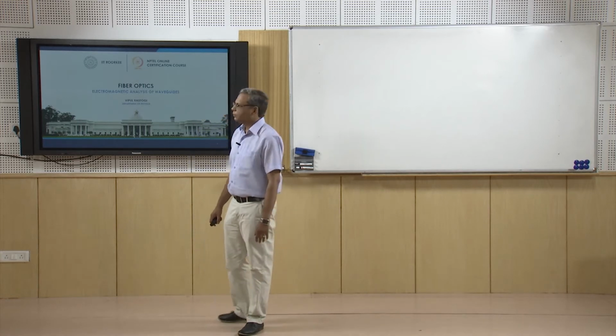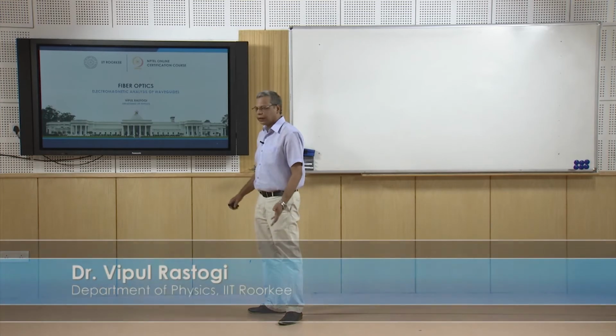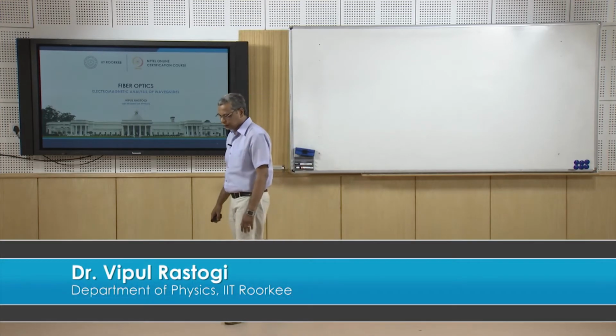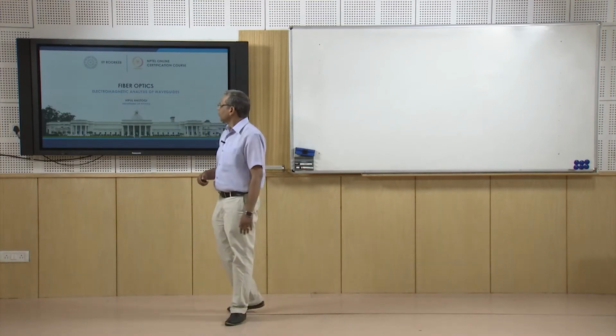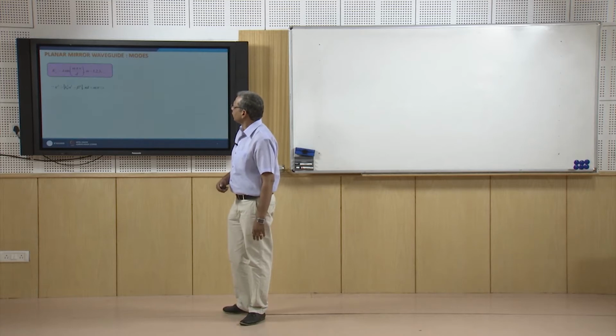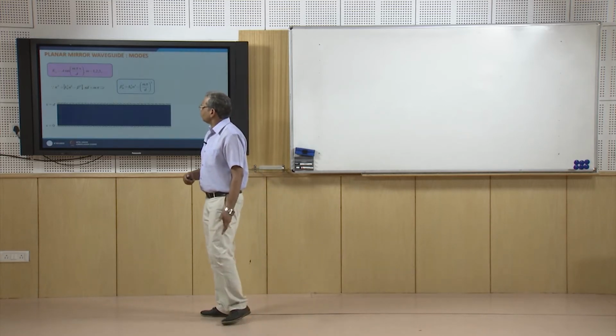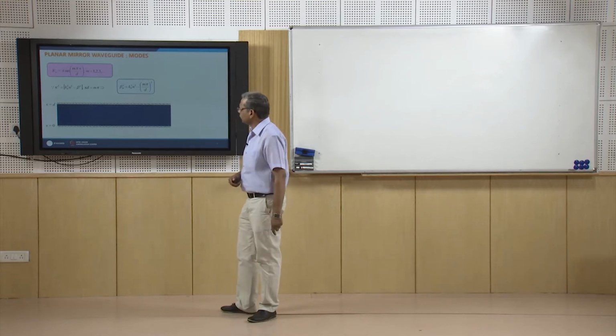So, in this lecture, let me continue with the previous lecture where I was doing the analysis of planar mirror waveguide. What I was doing was to find out the modes of a planar mirror waveguide.